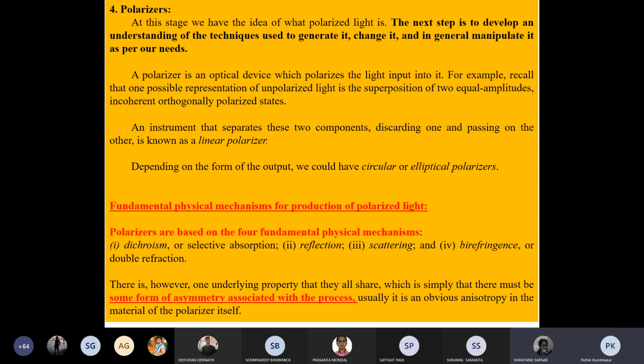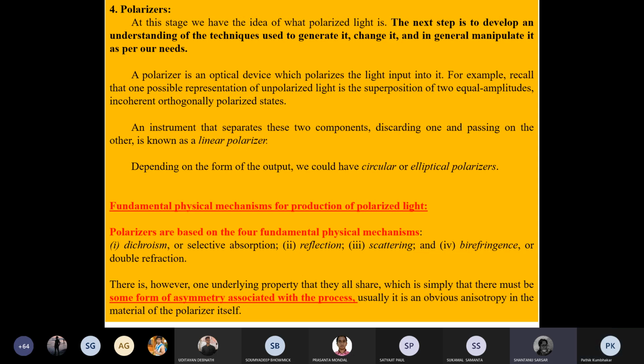Later on he studied this phenomenon and found that this is because of the property of birefringence of the material, and the light becomes separated into two polarization components, and so he could see two images of the sun on the crystals, but it happens only in a particular direction. So we'll be discussing details later on.